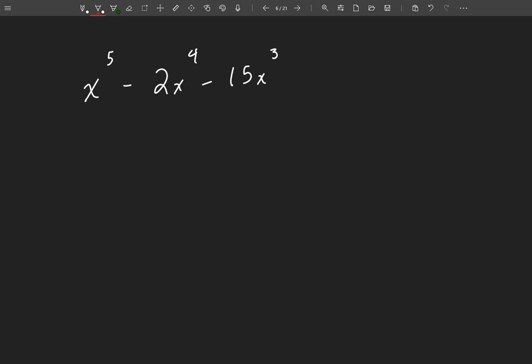Okay. First of all, let's ask ourselves, what is the degree of this polynomial? Well, we look at the highest power, and that's going to be 5. So that means the degree is 5, and that means that I'm going to have 5 roots total. Now, I'm also going to notice that there are some x's in all the terms, so I'm going to be able to pull some x's out.